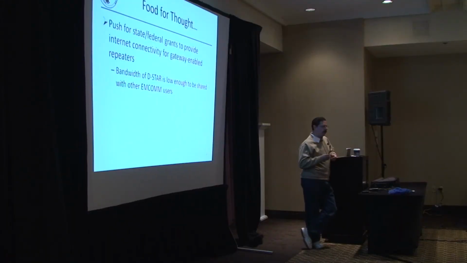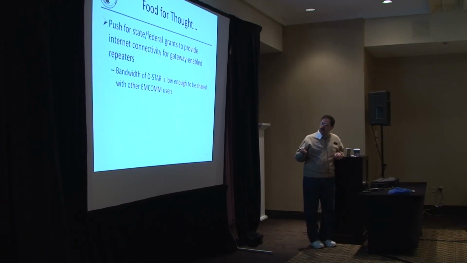This is something I'd like to push back on, to those that are tied in with DHS or some of the other emergency services, if that's their job by day: are there things we can do, through grants, whether state, federal, however, to actually get access to internet connections?